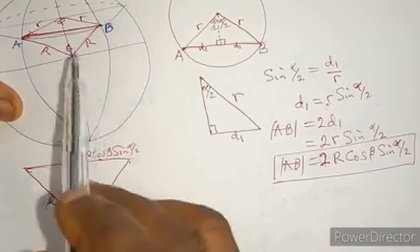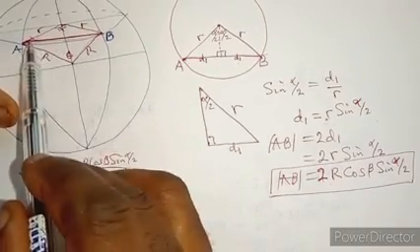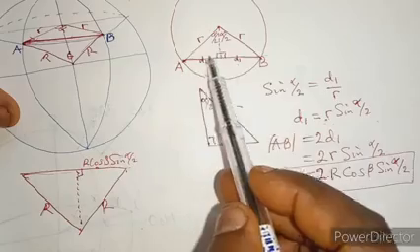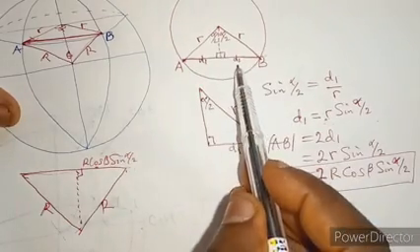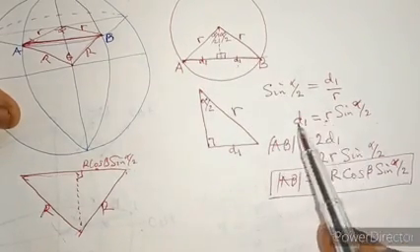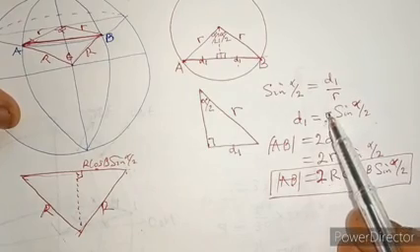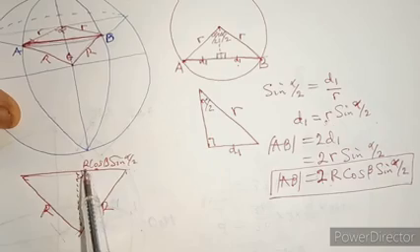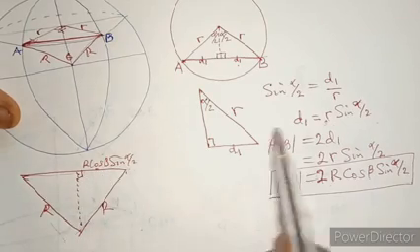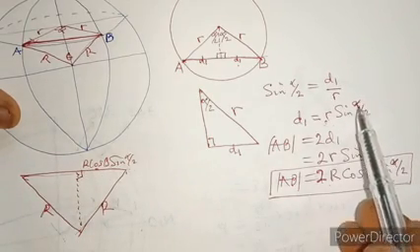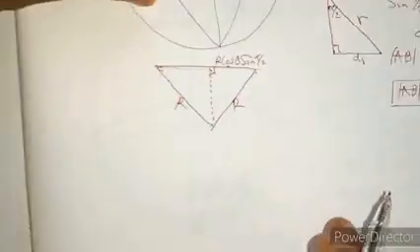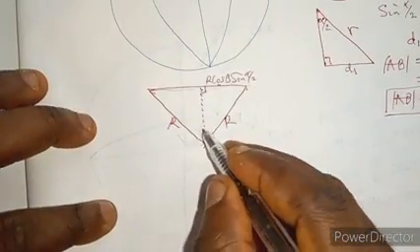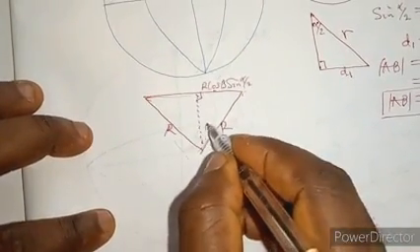Let me go back. This line that you have is this line. This D1 is this D1. And R is capital R cos beta. That is capital R cos beta, then sine alpha over 2. So let me get back here. So the whole of this is theta. So this part alone is theta over 2.